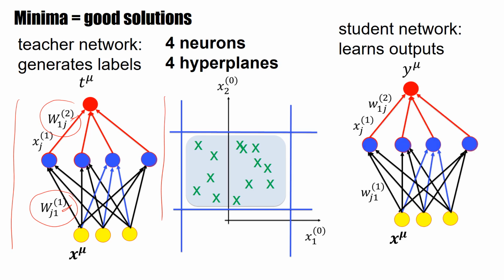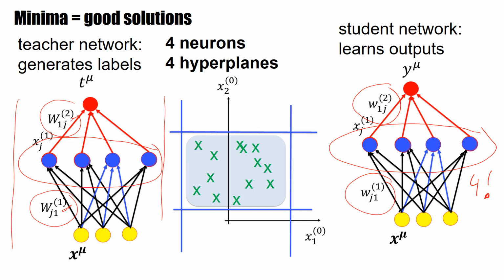And now I want to learn this with a network that's called a student network that has exactly the same architecture. It has exactly the same number of hidden neurons. It uses the same inputs, but the weights, small w in the first layer, small w in the second layer, are unknown. And these are the weights we want to learn. And then by construction, because I have 4 hidden neurons, I have 4 correct hyperplanes, I will have 4 factorial different solutions that are all completely equivalent to my teacher network.